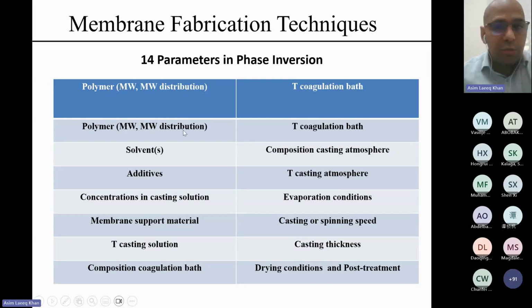What is the molecular weight distribution of the polymer? What is the solvent that we are using in the dope solution? Are we using any additive? What is the concentration of polymer in a casting solution? What is the substrate material? And there are so many different parameters. As membrane researchers, we optimize these 14 parameters to come up with a morphology that we want to obtain for any given application.